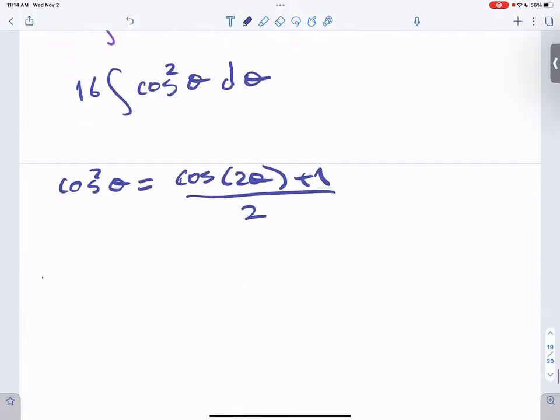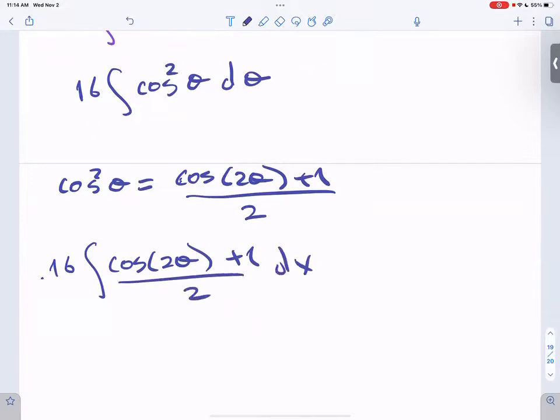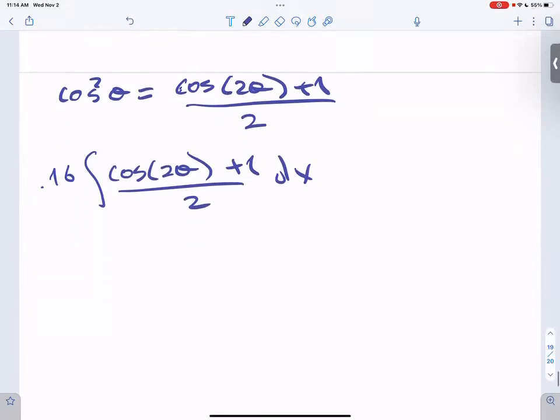And we'll replace 16 times the integral of cosine of 2 theta plus 1 divided by 2 d theta. 16 divided by 2 is going to be 8. I'm going to separate the two integrals: 8 times the integral of the cosine of 2 theta d theta, plus 8 times the integral of d theta.